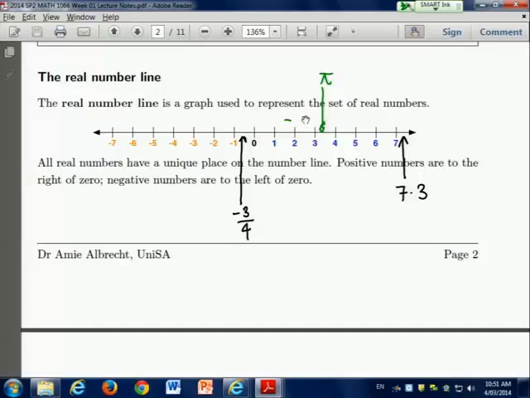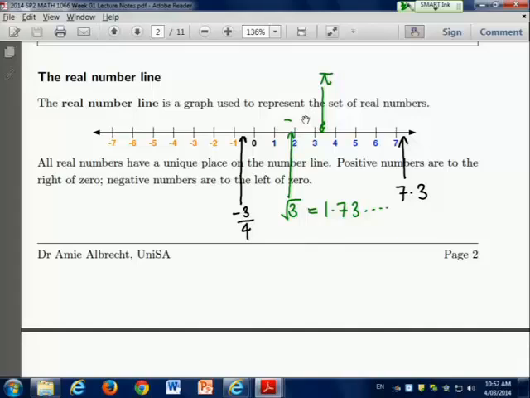Let's put one with a square root on there as well. So root 3 is 1.7 and a bit, so it goes in there somewhere. So you can see that even if they're represented in different forms, they still have a place on the number line. That's kind of the point we're making here.